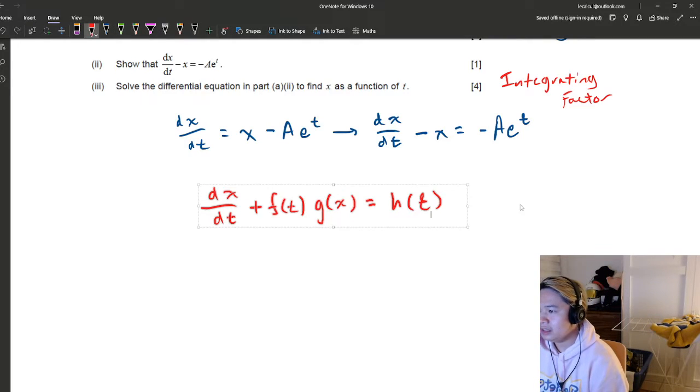So in our case, the function of t is just -1. And then I think the integrating factor is... I just did a video on this, so I should remember it.